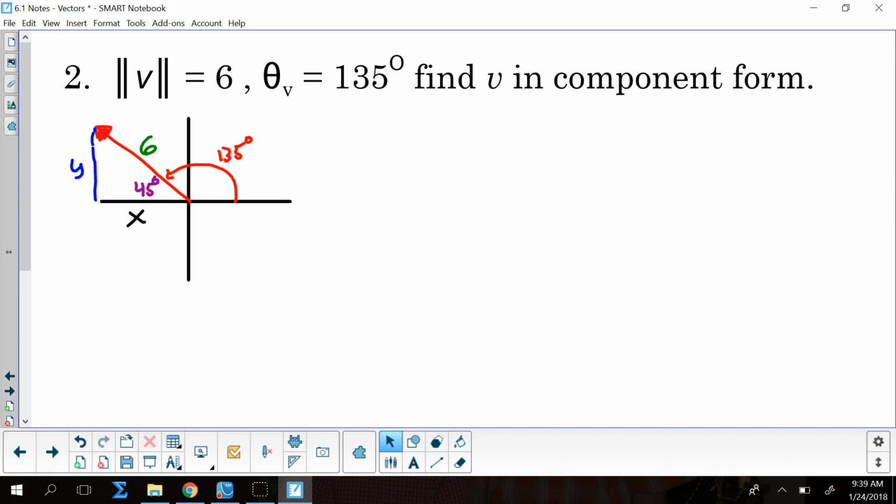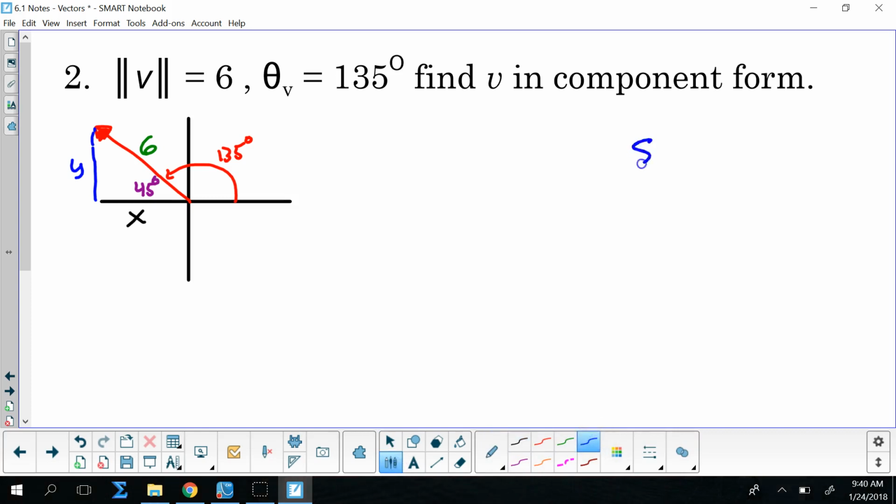But what if we don't remember? We divide by the square root of 2. But what if we don't remember that? Use right triangle trig, right? So which one do you want to use first? Sine. Okay. What's sine going to find me? It's going to find me my y, right?